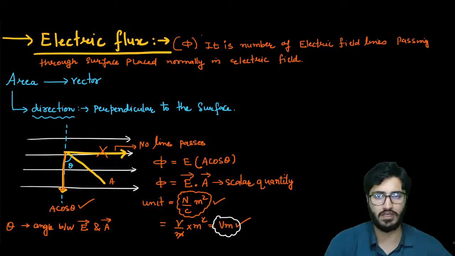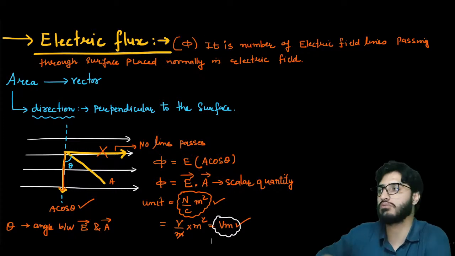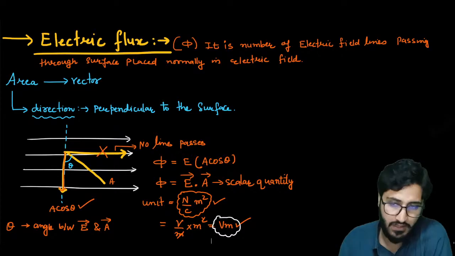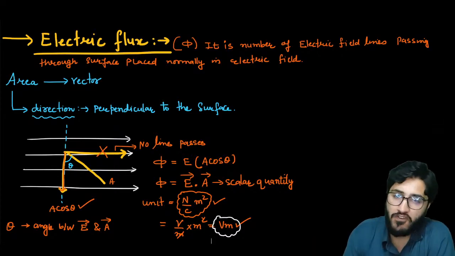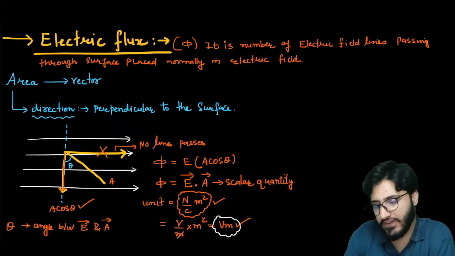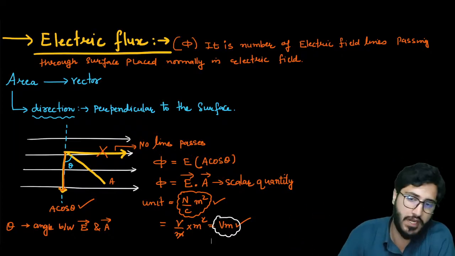Look here. For a uniform electric field, getting phi is different, and for a non-uniform electric field, getting phi is different.